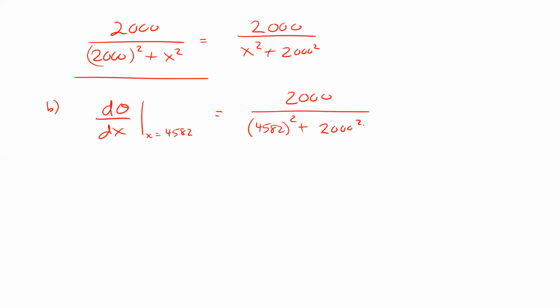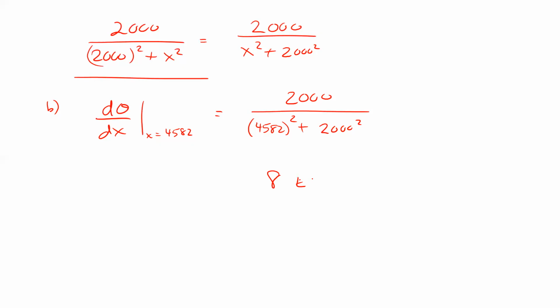It should be just a single digit, like 0.00000 something. So what did you guys get? 8.00169 e to the negative fifth. Oh yeah, you just move the decimal place over.